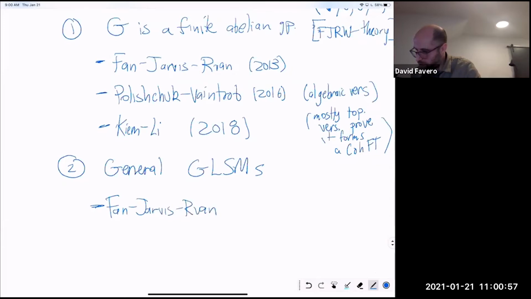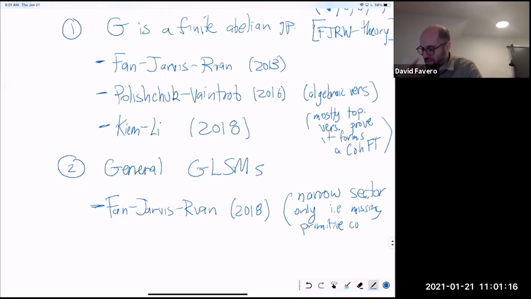So this means it's missing, i.e., it's missing a primitive cohomology in the state space, or in this language, they say insertion. Okay. So H is just the pullback of hyperplane classes.